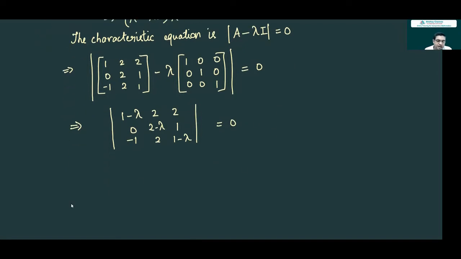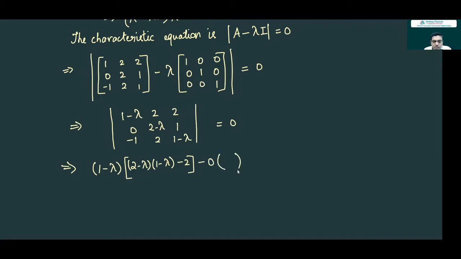So let's find the characteristic equation in polynomial form. We will expand about the first column. It is easier because there is 1, 0. So 1 minus lambda times 2 minus lambda into 1 minus lambda minus 2. So 1 minus lambda times product of these two terms minus these two terms.